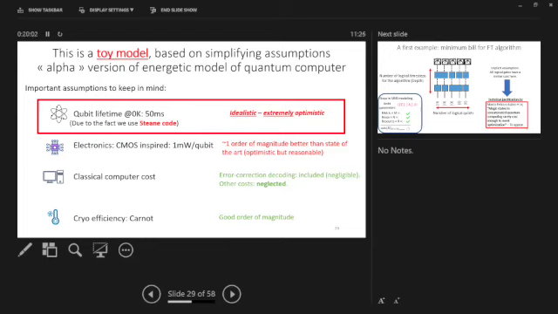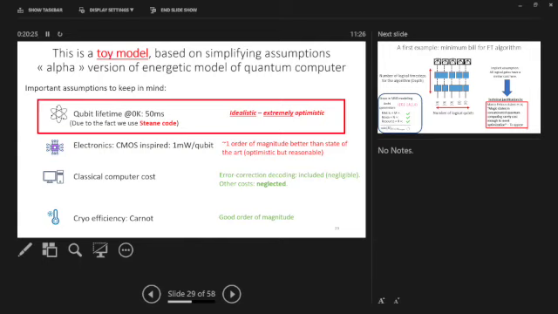To give an idea, the qubits are 2 to 3 orders of magnitude better than the state of the art. There are other optimistic assumptions, but I will not go into detail because they are much less significant. The main optimistic assumption, in my opinion, is really the first one. The rest are a bit optimistic, but not at the same level.